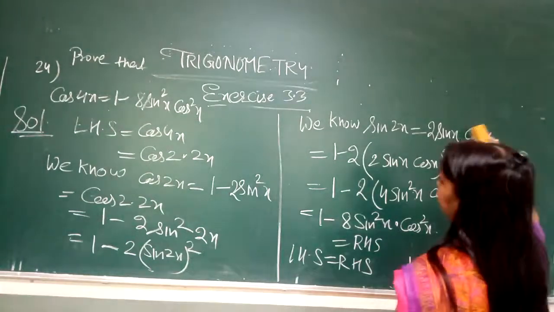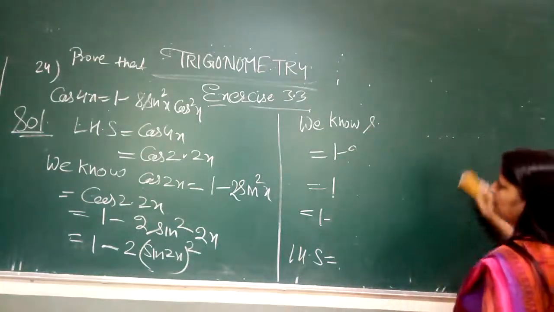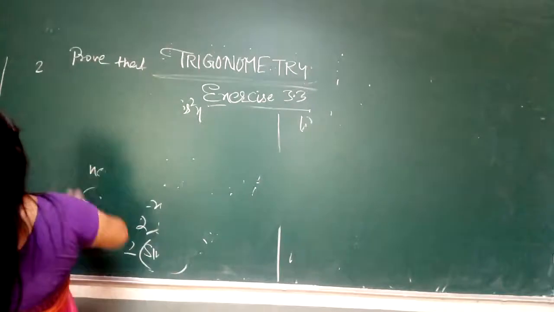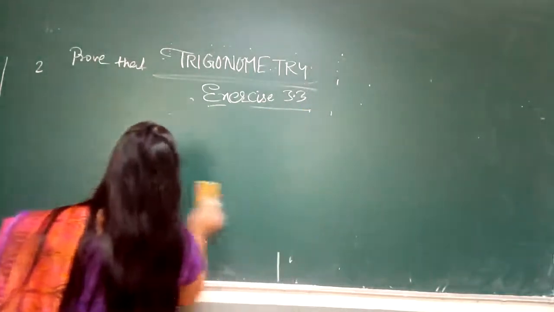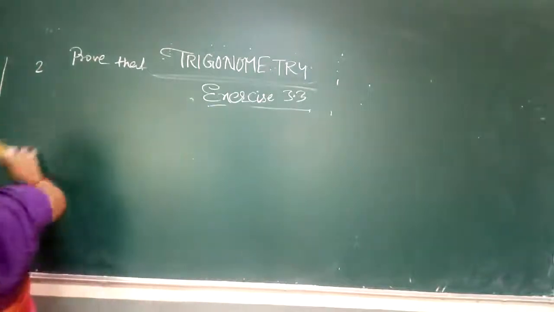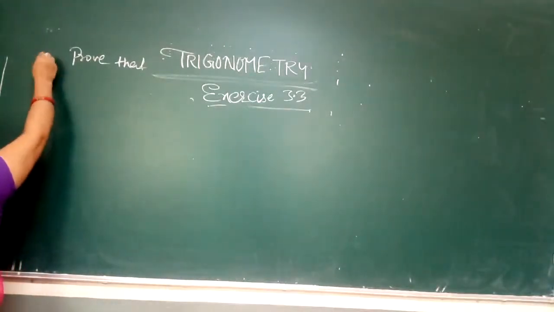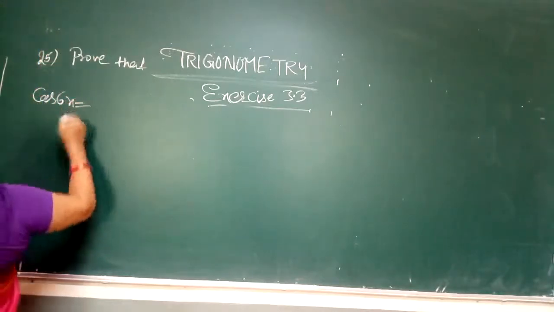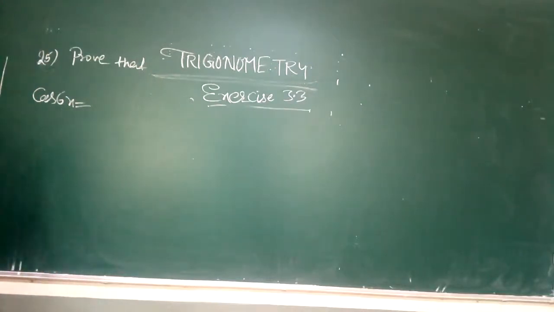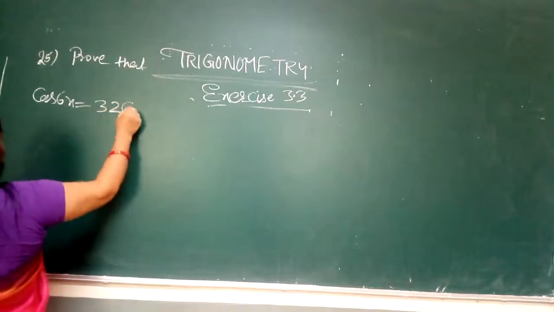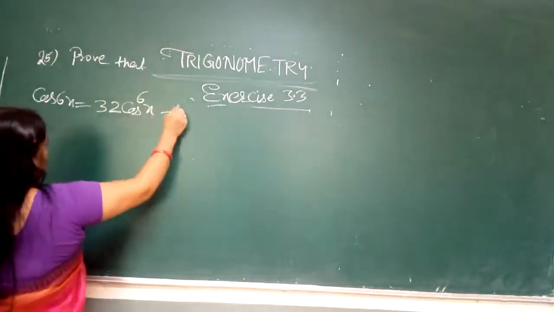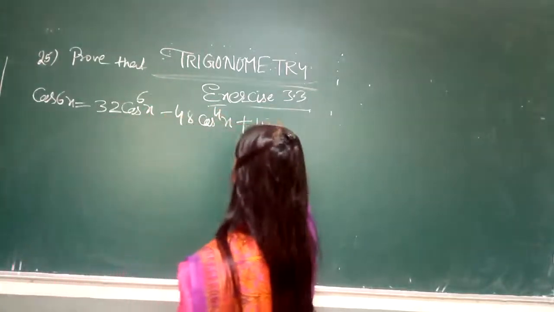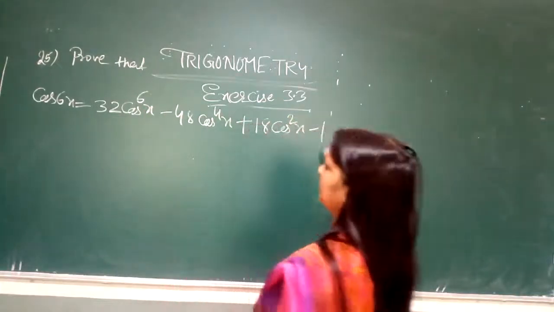Now students, after this question we will solve the last question, that is question number 25. See the question. Question number 25 is prove that cos 6x is equal to 32 cos raised to power 6 x minus 48 cos raised to power 4 x plus 18 cos square x minus 1.